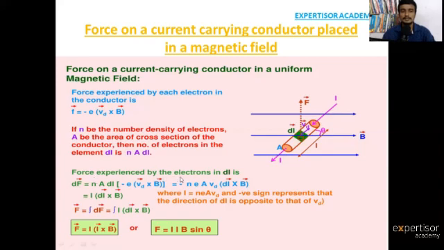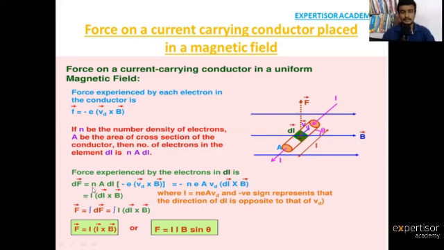Force experienced by the electrons in dl. At this place, we have to find the small amount of force. Why is it a small amount of force? Because this is a small length.